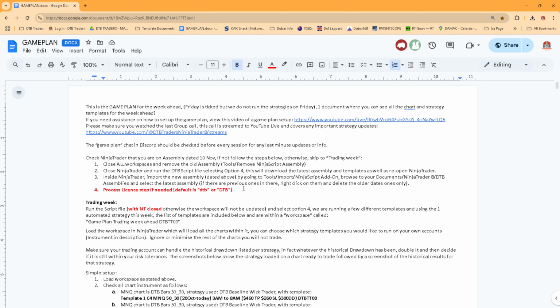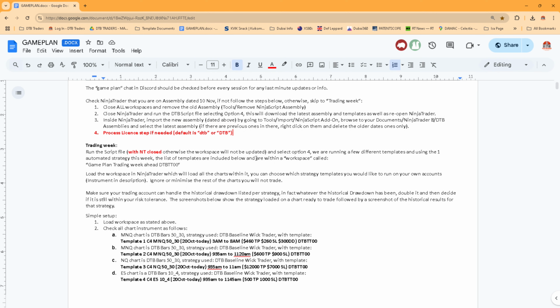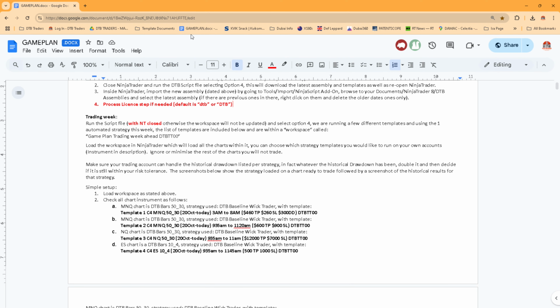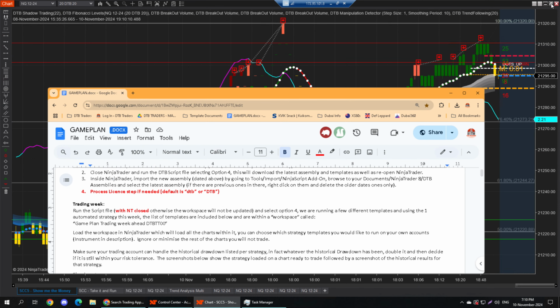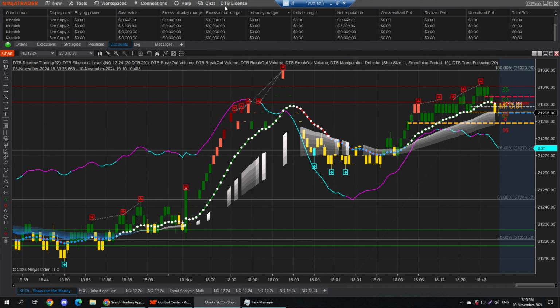It just makes it that much harder for anybody to mess with. Okay, so that's been done. As soon as you open up NinjaTrader, after you've imported the latest assembly, you will see that it's got a DTB license in there. We'll look at that in a sec.